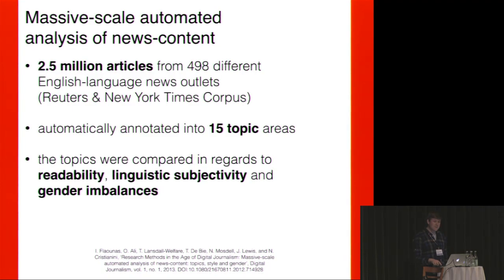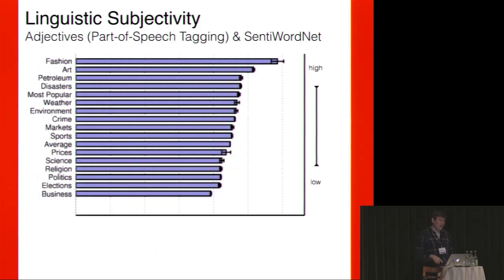Talking about linguistic subjectivity, there you look at the adjectives with a technique called part-of-speech tagging, which I'm going to show you in a minute. And then there is a corpus called SentiWordNet. There, for instance, you have a word like humor, which is a very positive word, or hate, which is a very negative word. Based on that, they just looked at how strong are the emotions associated with the adjectives used, and how many adjectives.